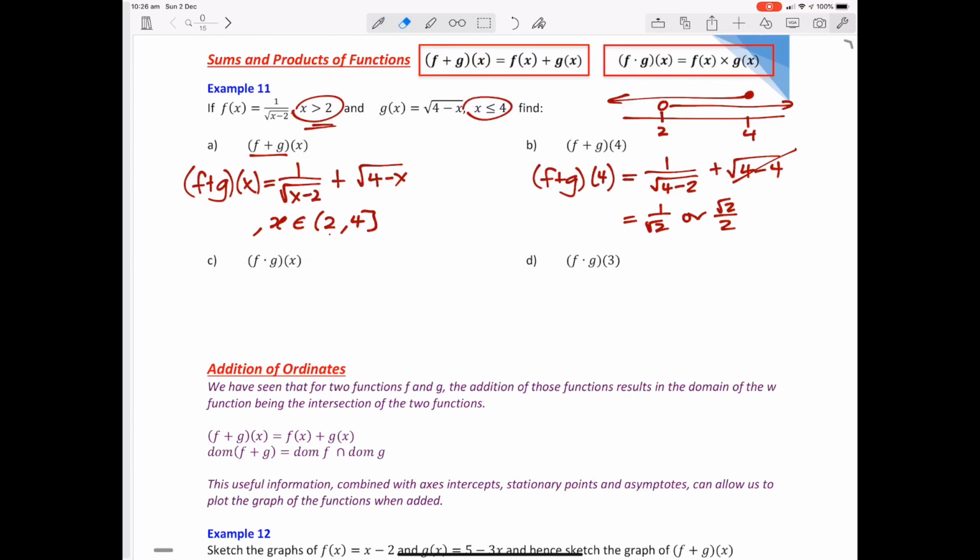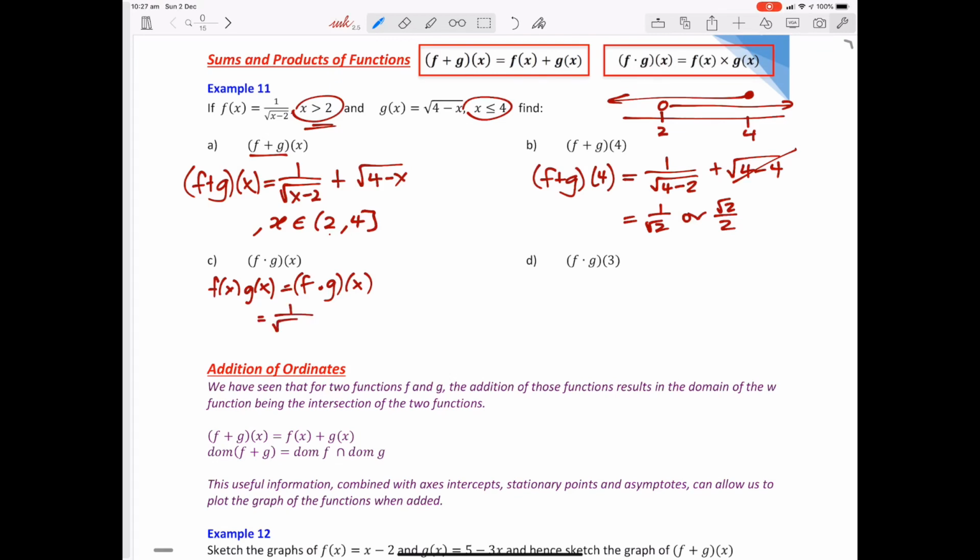Now we've got the multiplication, or the product, of two functions. If I want f times g of x, later on we do something called fogs and goffs, or composite functions. f dot g of x means I just multiply the two functions together.